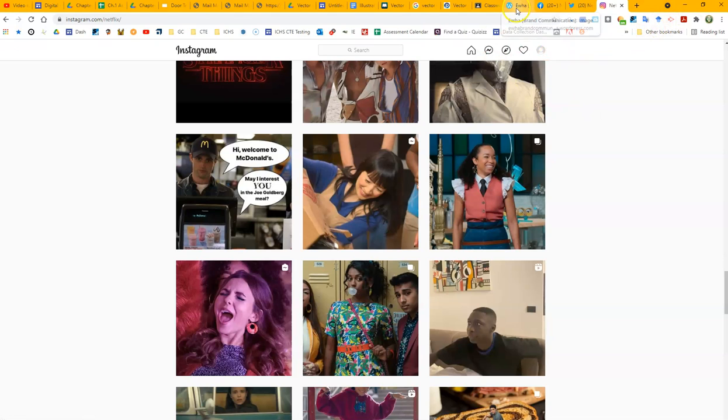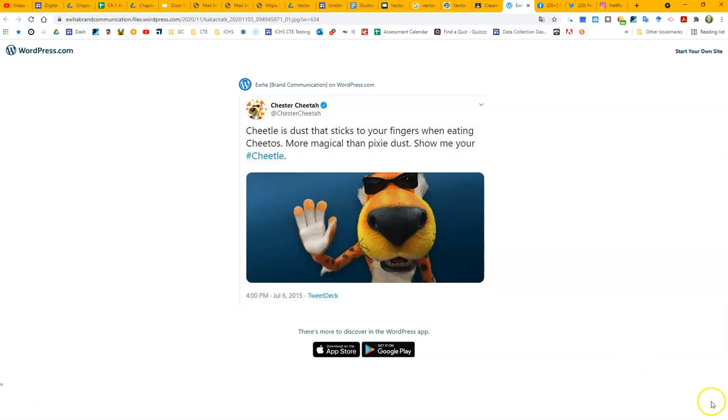So the last thing I want to show you is an example from Cheetos. You may not really consider these things to be marketing ploys at first glance, but let's say on Twitter in this case, this was one from about 6 years ago. It's a little old, but Chester Cheetah, the mascot of Cheetos, has a Twitter account, apparently.